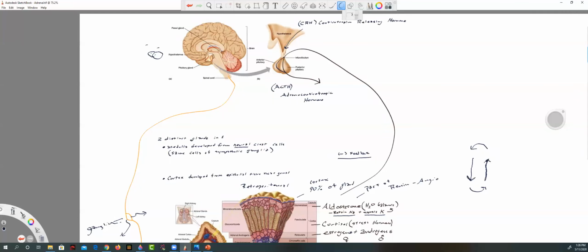There's also a portal system, just like our portal system in our abdomen, the portal system going from our intestines to our liver. There's actually a tiny 1 centimeter long portal system of arteries, veins. Let's draw just really quickly. It's not that important, so I'm just going to draw this little portal system in here.